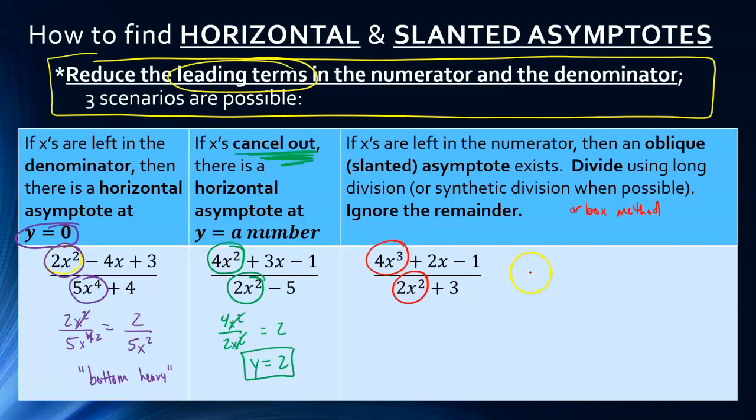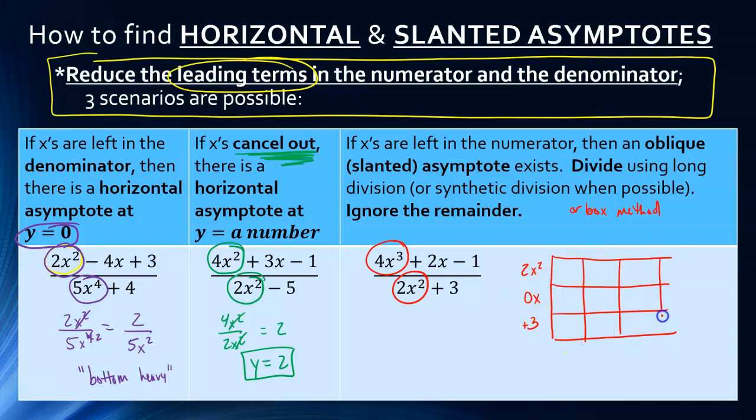So remember, I'm going to use the box method for this. Actually, I'm going to put 0x in here, plus 3. All right, so we're dividing by 2x squared plus 3.